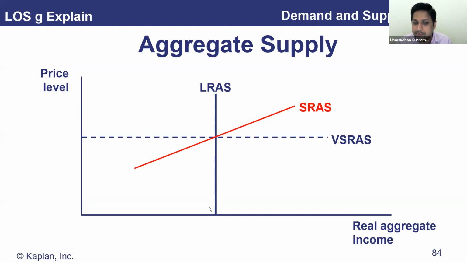This is your full employment GDP. It's going above because in the short run, you could do overtime and increase output, but you cannot sustain that in the long run. You get exhausted, you get burnt out. So in the long run, your long run aggregate supply curve is stagnant. It's perfectly inelastic.